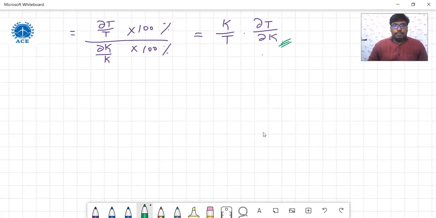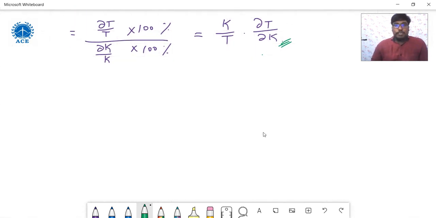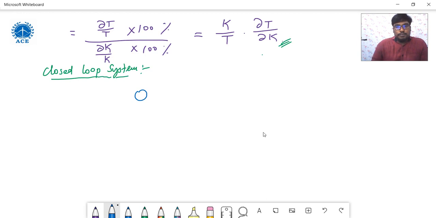Now we will apply this sensitivity and see how it is affected by feedback. Let us consider a closed loop system. As we know, this is the summing point and this is the forward path. I am considering the forward path as G, this is C(S), the output, and this is R(S), the input.